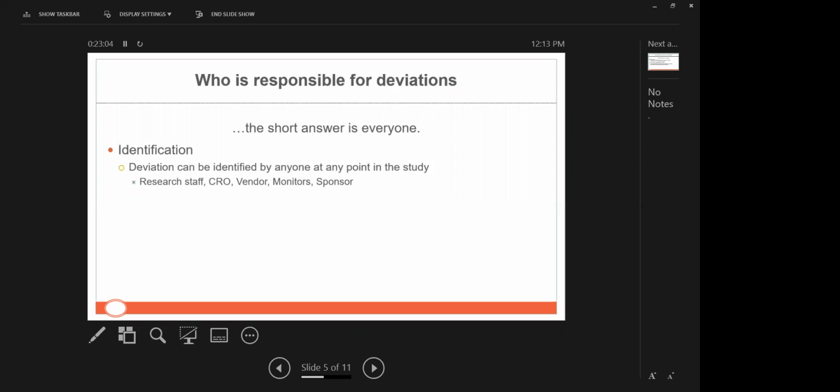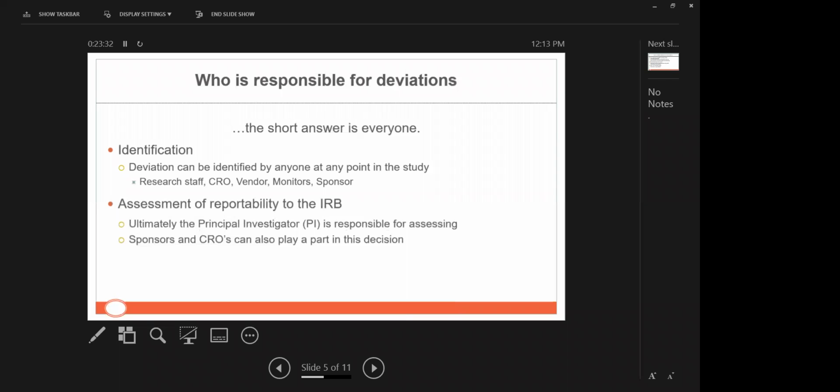So a study coordinator might be the first person who identifies, oh, we did this visit out of window. But really, it could be anyone: the CRO when they're looking at the data, vendors transferring data to the sponsor who may find a problem with the data, monitors, obviously, and also the sponsor. So really, anybody involved can identify one.